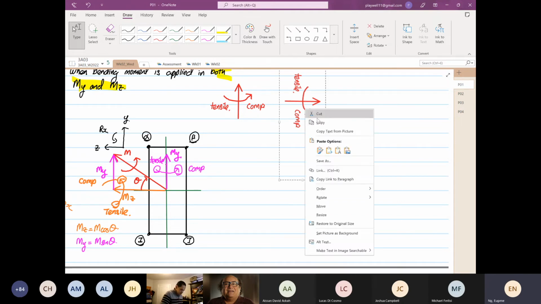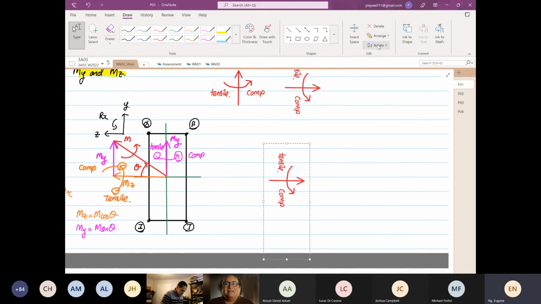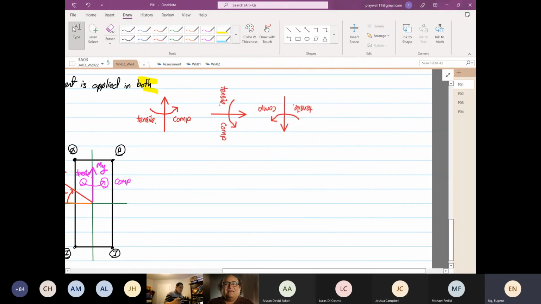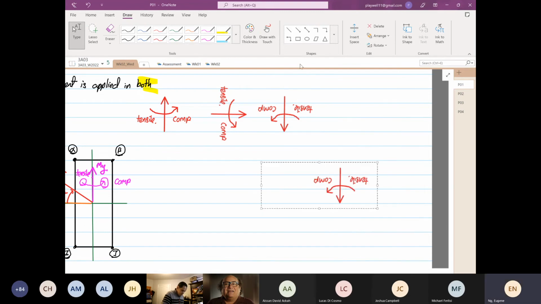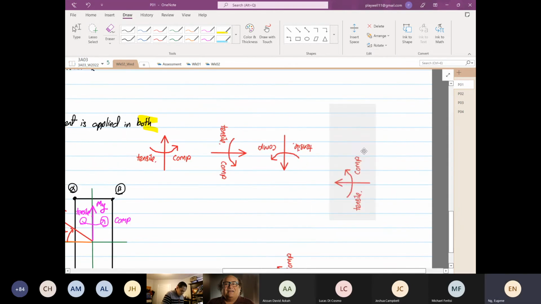If it's pointing downwards, I rotate again, rotate right. That is where your tensile and compression is. Or in your test, you just rotate your paper, and then one more time. So if you are confused regarding the moment vector, which is tensile and which is compression, there you go.